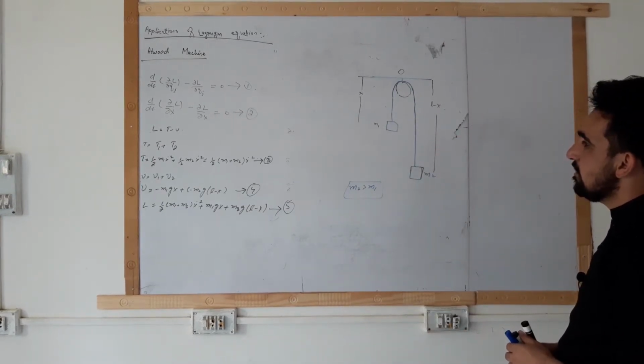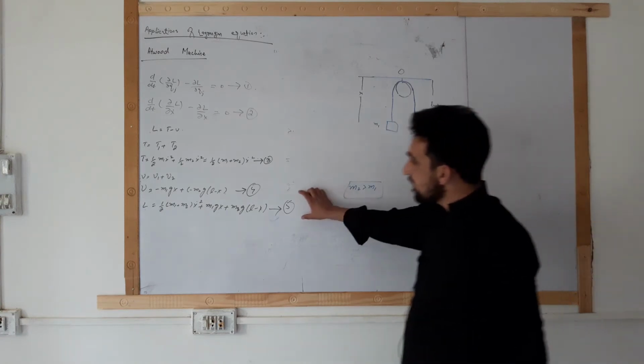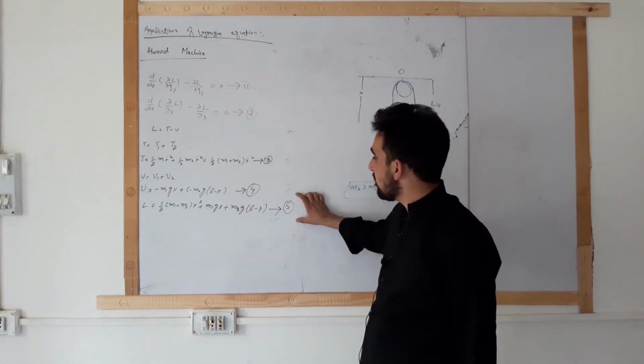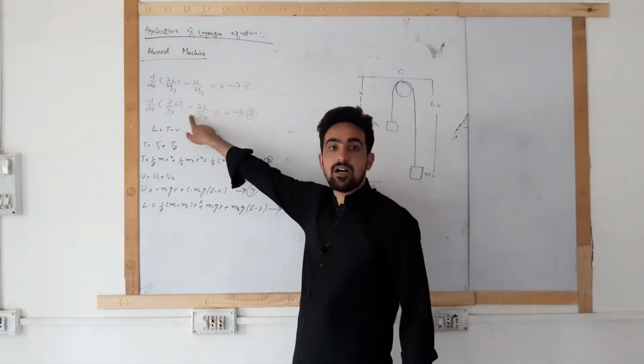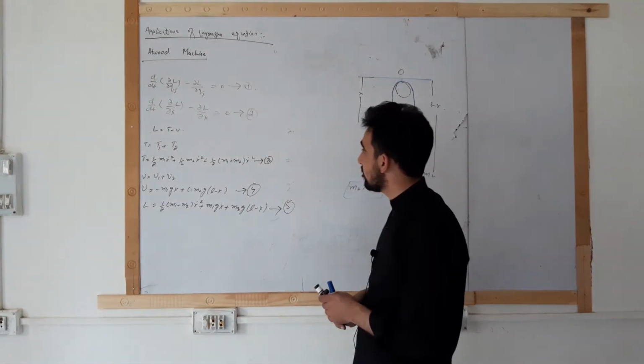So we need to differentiate equation number 5 with respect to x dot and then with respect to x, and then substitute the result in equation number 2.